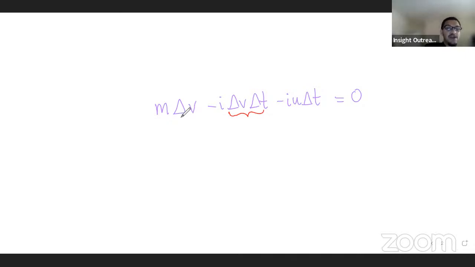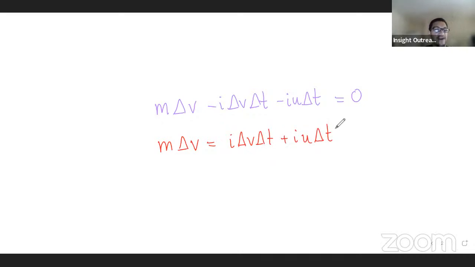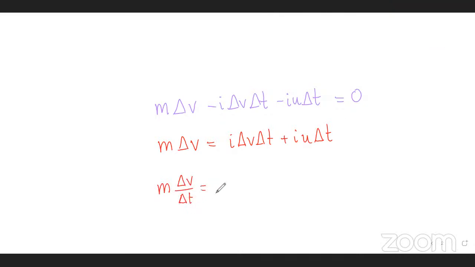But if you don't want to ignore it, you could rearrange this to get m delta v equals I delta v delta t plus I u delta t. Then divide both sides by delta t. What do you get on the right hand side? I delta v plus I u.